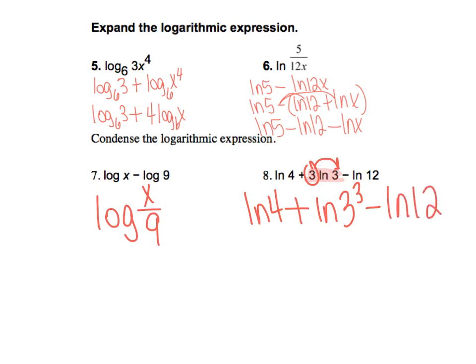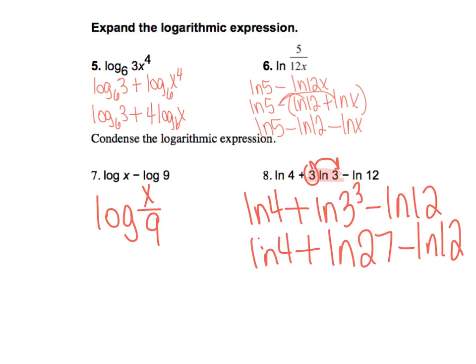Okay, well, we know what 3 to the third power is. So I'm going to rewrite that. Go on every step here. The natural log of 4 plus the natural log of 3 to the third, which is 27, minus the natural log of 12. Okay, so if I look at my first two terms, I'm just going left to right here. I have the natural log of 4 plus the natural log of 27.